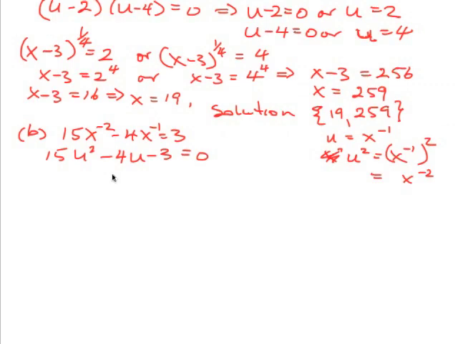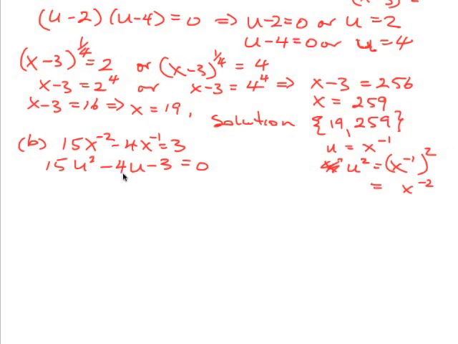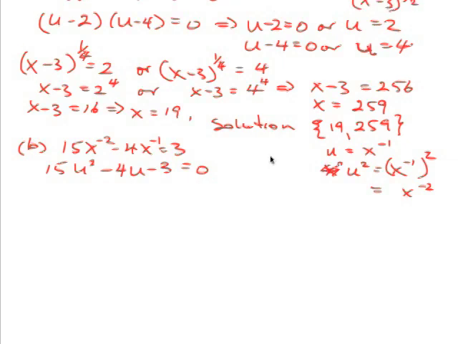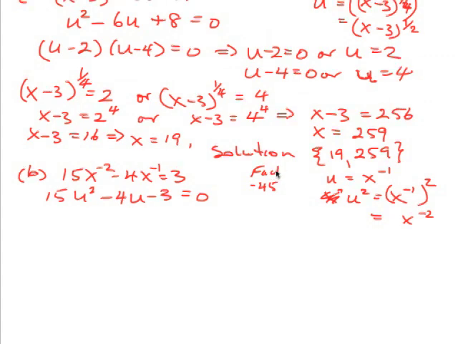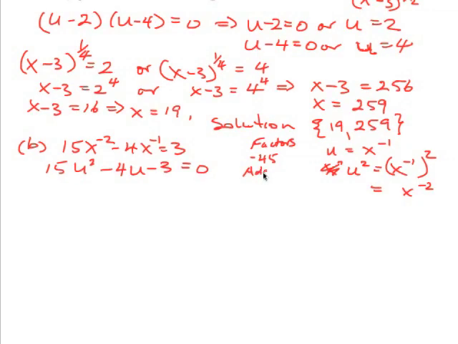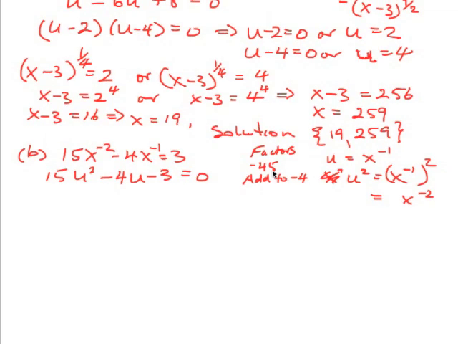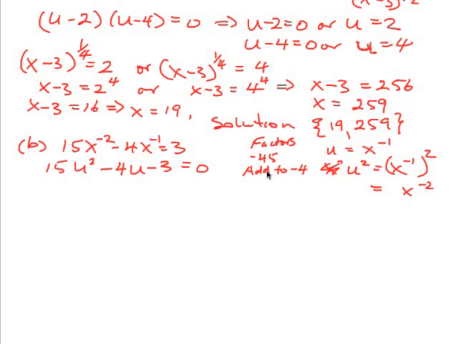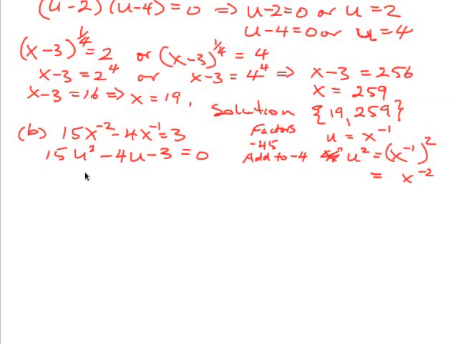And so now we do have a quadratic, and we're looking for factors of 15 by negative 3, which is negative 45, which add up to negative 4. So let's have a look at that. Negative 45 is what we're looking for, factors. 15 by negative 3, which add to negative 4. Now, to do that, of course, I'd say 15 and 3. No. So what other things are factors?